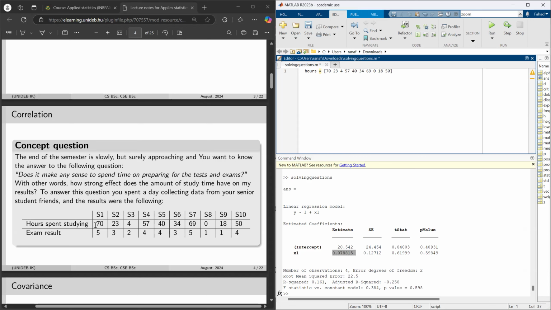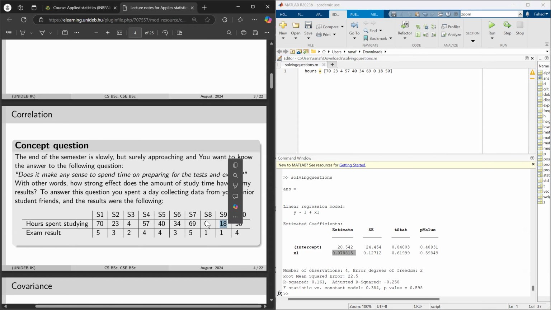These are the hours each student spent studying for the exam, and this is the result they got. But if I was the guy that spent 18 hours studying and got the same result as the guy that spent 0 hours, I would feel bad.